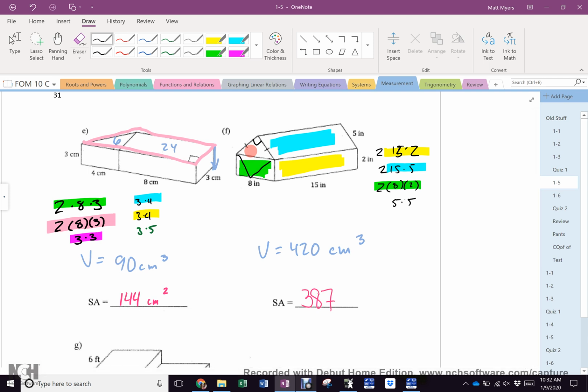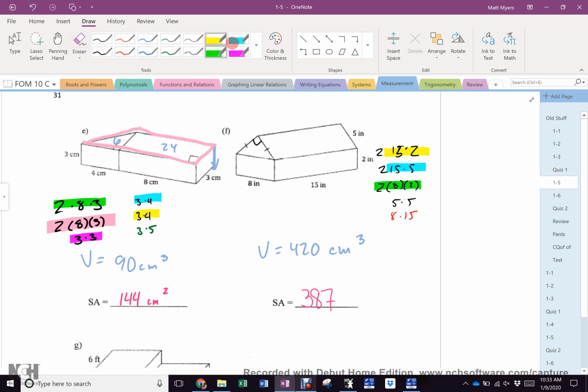What's the only thing I haven't colored in? The bottom, right? What's the bottom? Eight by 15. Are there 2 of them? No, because this ceiling is on top, right? So all you do is multiply that up and add it out. Right? Okay. What about volume?